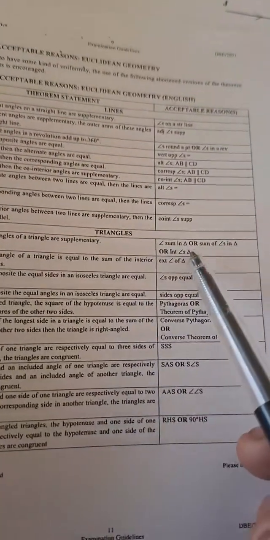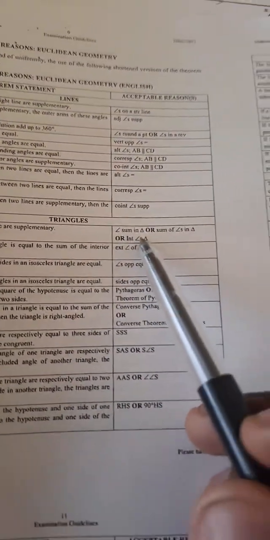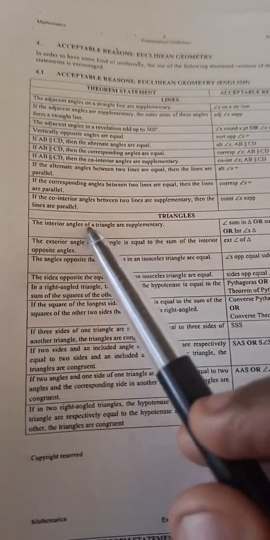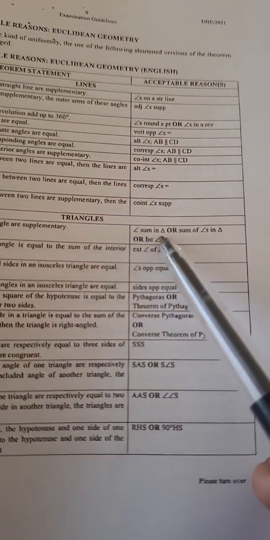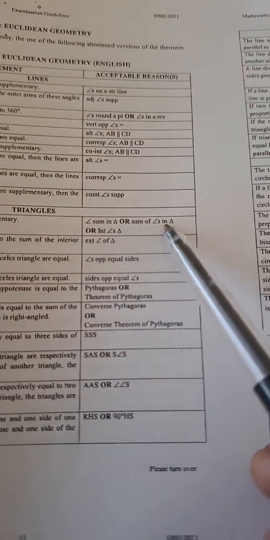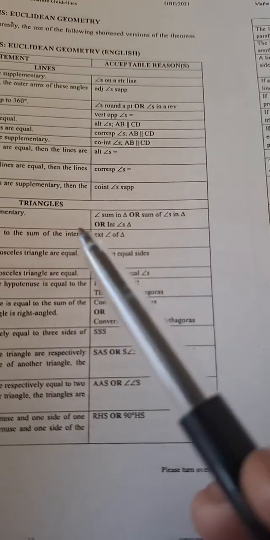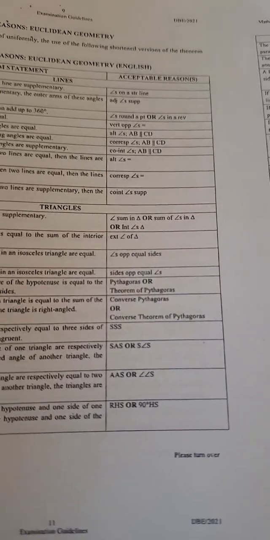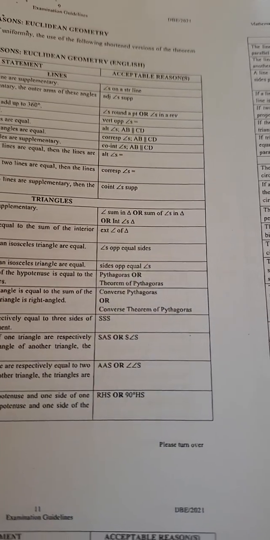For triangles, there are 3 reasons that you can use whenever you say the interior angles of a triangle are supplementary. One of those is you can say angle sum in triangle, or sum of angles in triangle, or int angles triangle. You choose the one that is most appropriate and you make sure that you write it correctly. So let's just say angle sum in triangle.